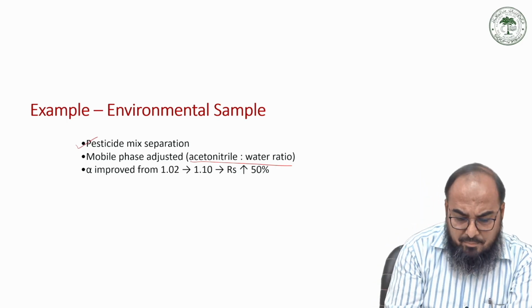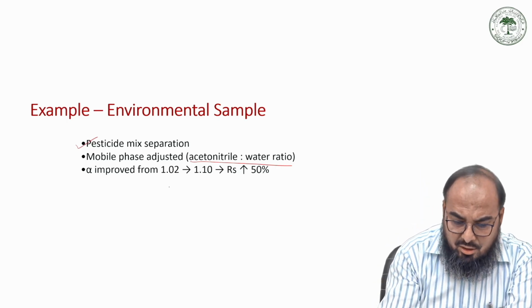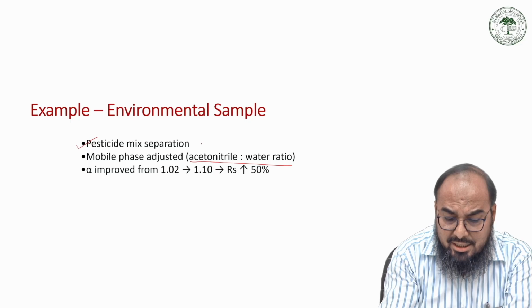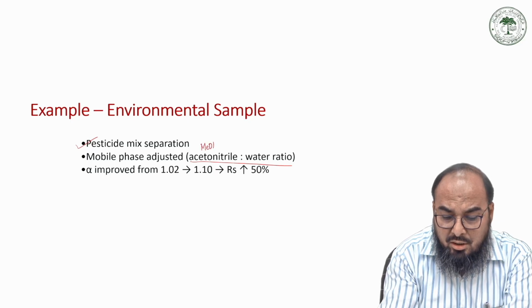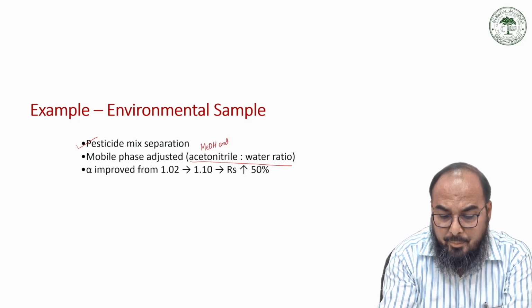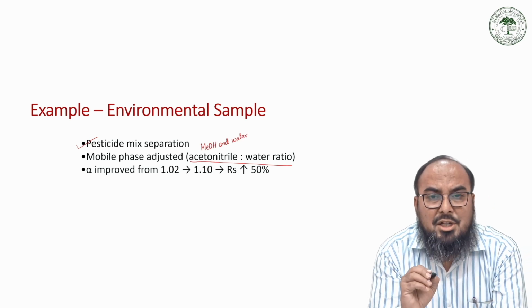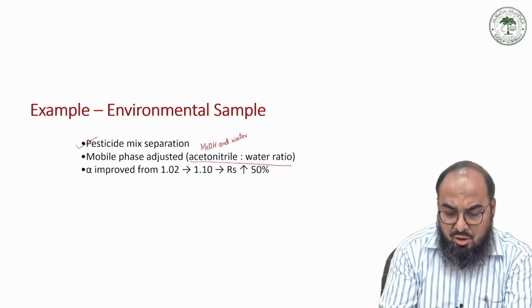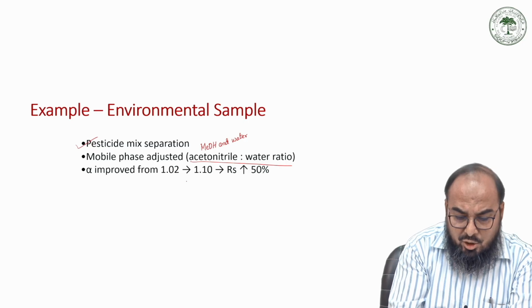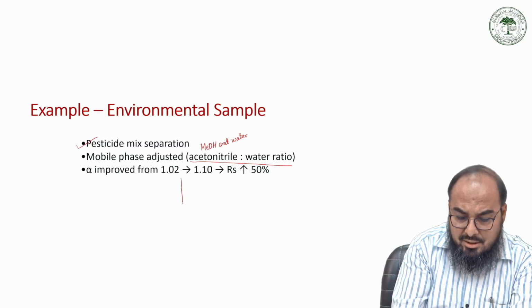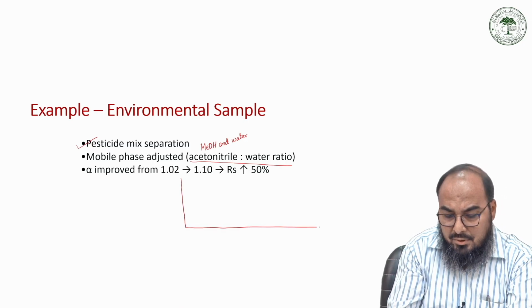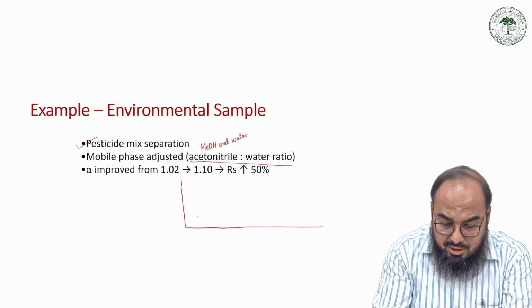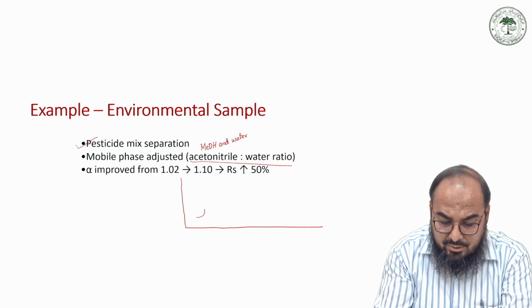Let us suppose we have a mixture of, instead of acetonitrile, let us take a mixture of methanol and water. Let us see a practical situation where we have a mixture of methanol and water. Let me draw a chromatogram and then we are going to discuss it.